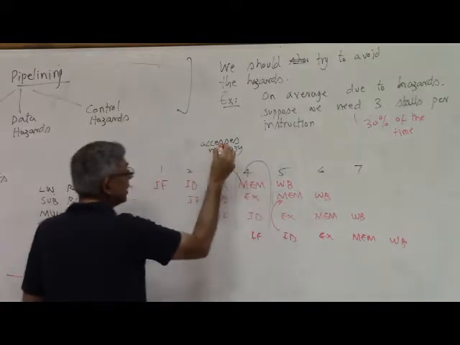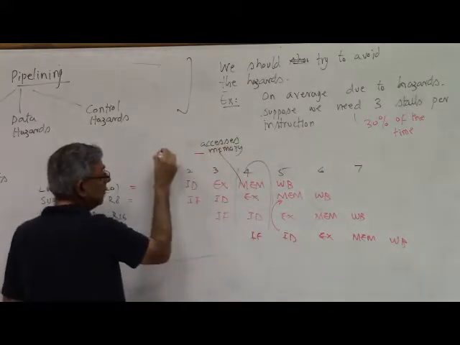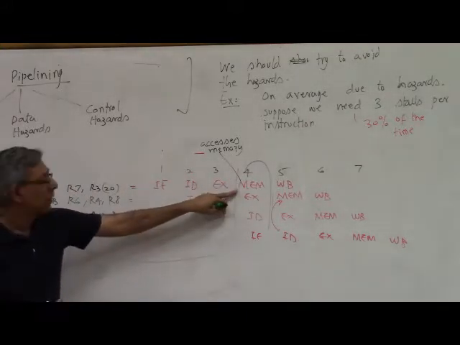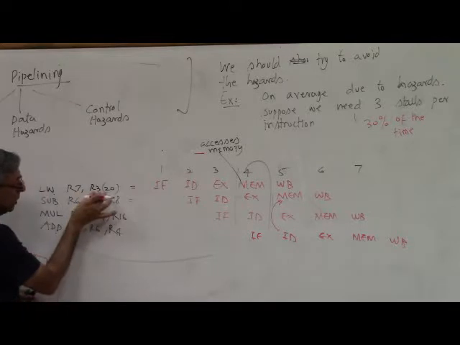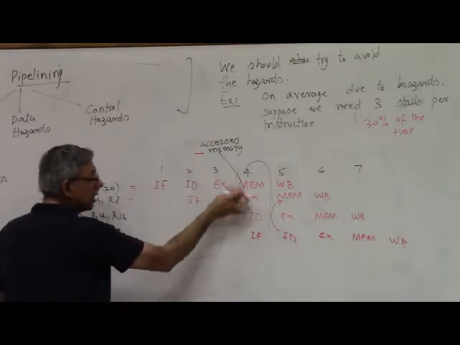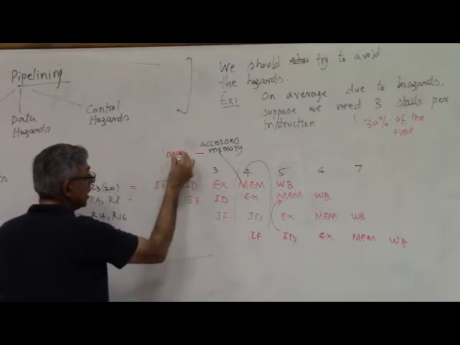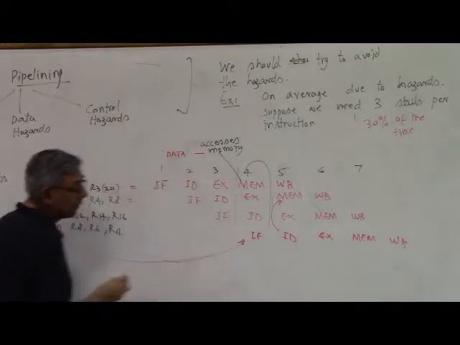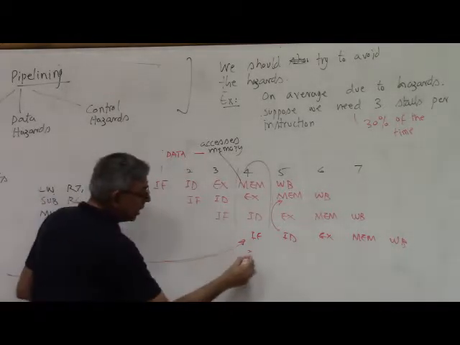So this one basically will access which memory? Instruction memory or data memory? See, this is trying to read from the memory, right? So by the time we come over here, this is really the data memory. And where are we trying to fetch the instruction from? Instruction memory.